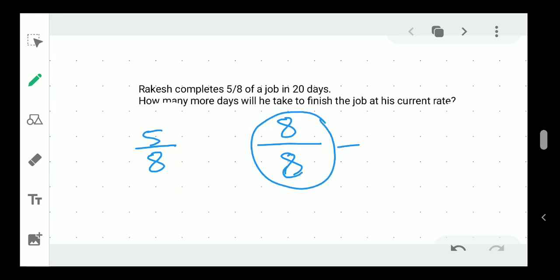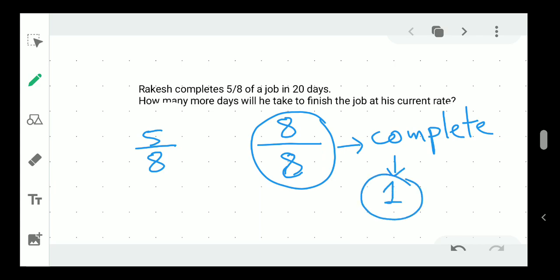We know that 8 by 8 is nothing but 1, so the complete work means 1. How is 1 coming? Because 8 was the total, upon which Rakesh has done only 5. But if Rakesh has done 8 by 8, that is 8 works out of 8 works, that means the total work is complete. So in that case we can say that Rakesh has completed the work.